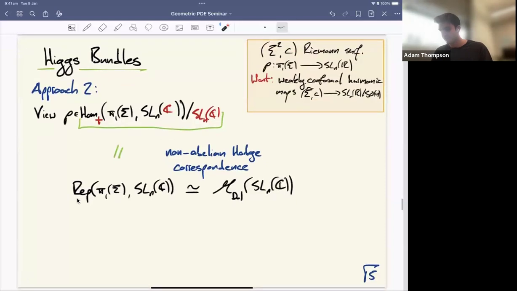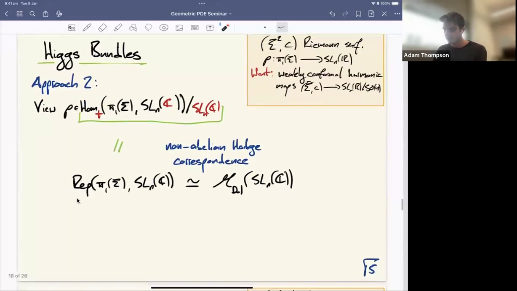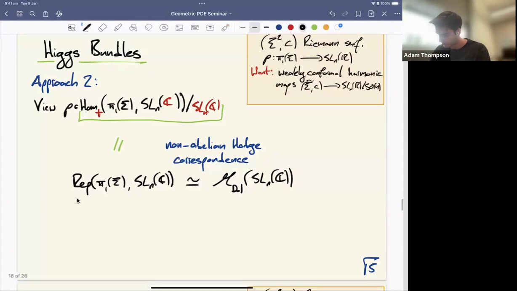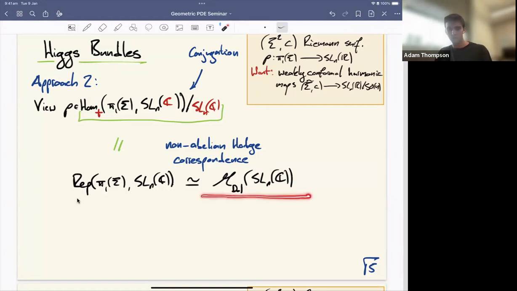And what this opens up for us is that these maps into SL(N,C), or if you can see, we have to take a special subset. I've denoted this by plus, up to conjugation. So this quotient is conjugation. There's a correspondence called the non-abelian Hodge correspondence of this set with something called the moduli space of Higgs bundles.